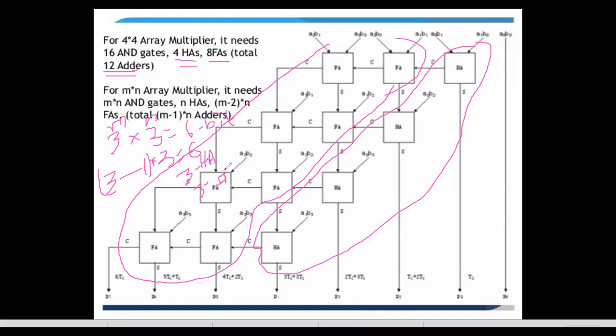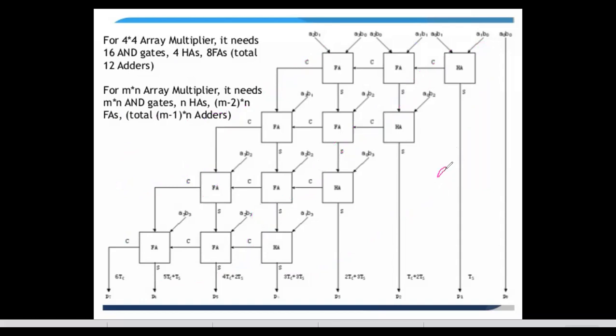Okay. How to connect, where to connect, how to connect the bits. For example, I have data A0, A1 and A2 in 3 bits, multiplied with B0, B1, B2.